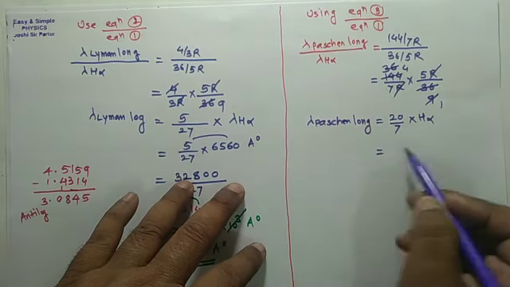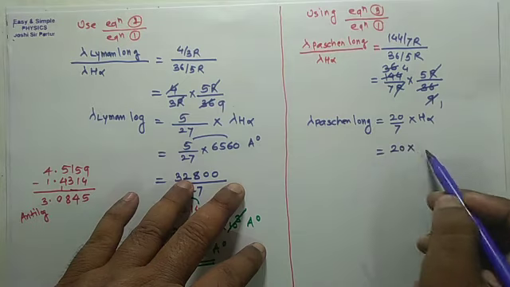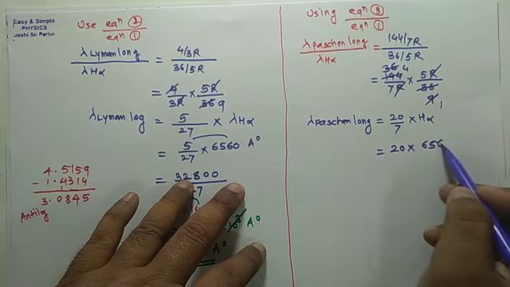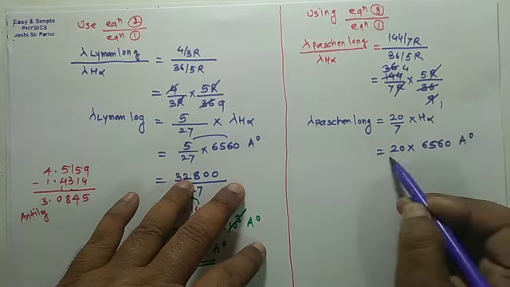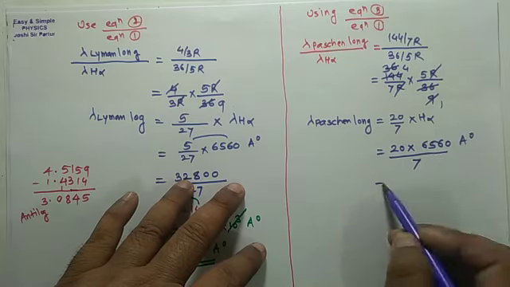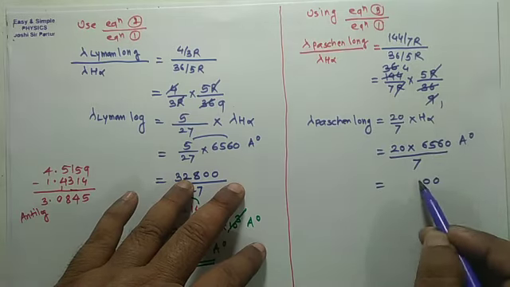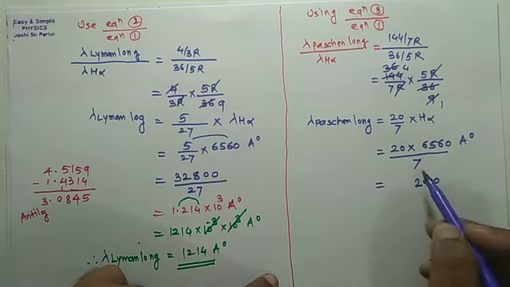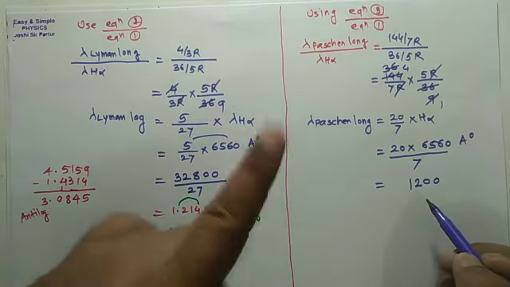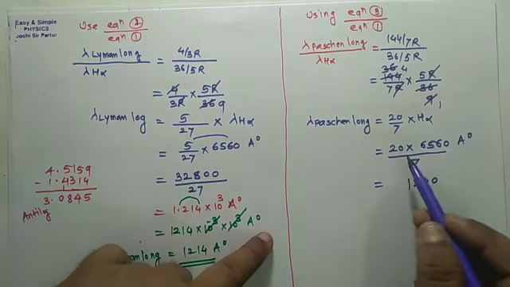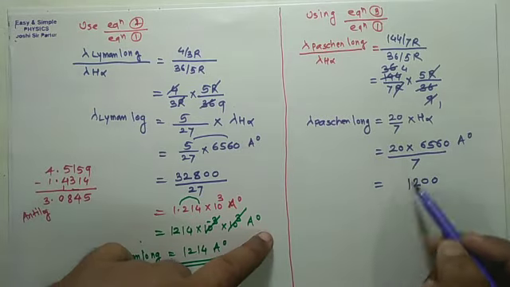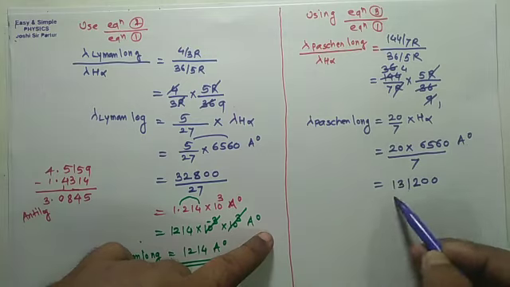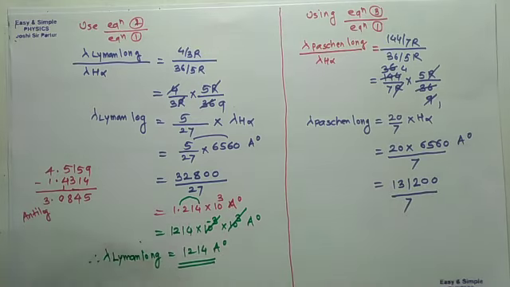So if we substitute the value, 20 multiplied by 6560 angstrom unit divided by 7, what happened? 2 0 is there, 6 5s are 30, 12, 1 is remaining, 5 6s are 30, 10, 11, 1 is there, and 6 6s are 36, 12 and 13 divided by 7.